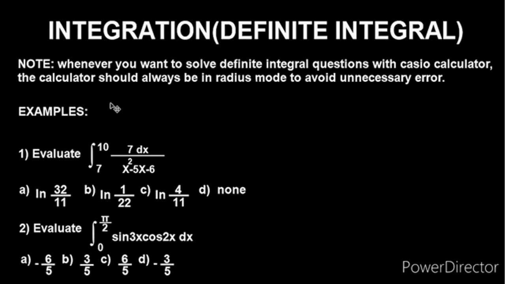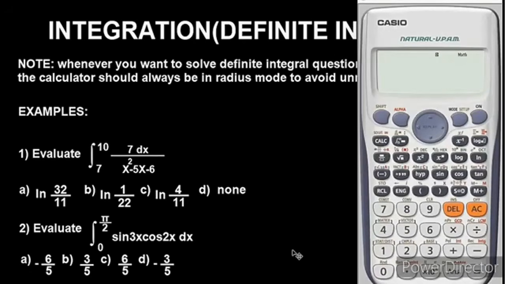Example 1 here says, evaluate the integral 7 dx over x squared minus 5x minus 6. So right now, let's bring the Casio calculator and solve this question together. Okay, the first thing you have to do will be to put the calculator in reduce mode.